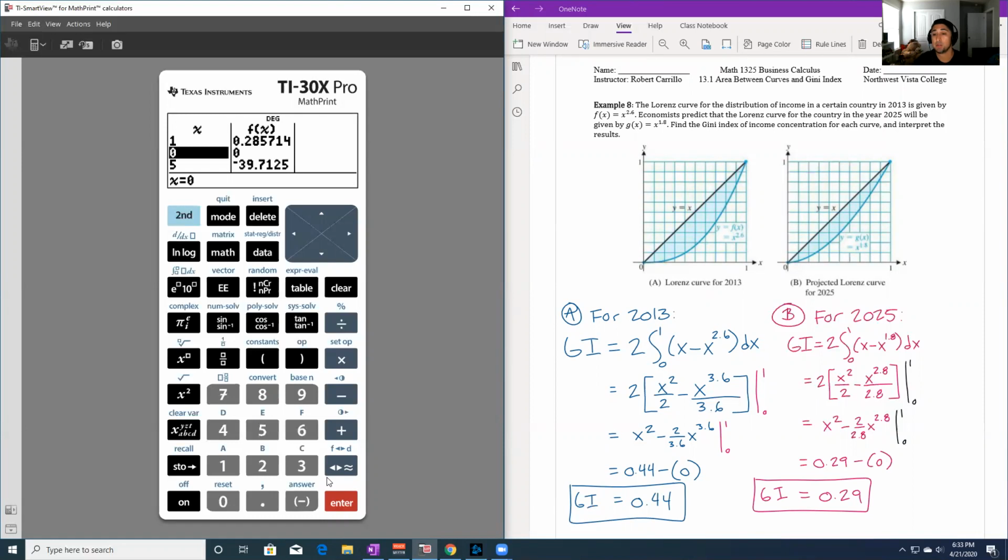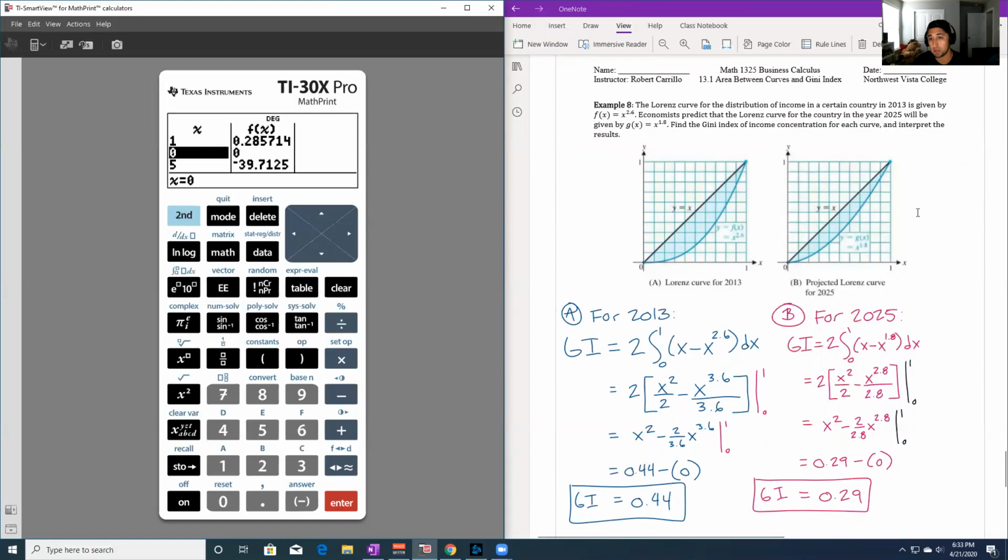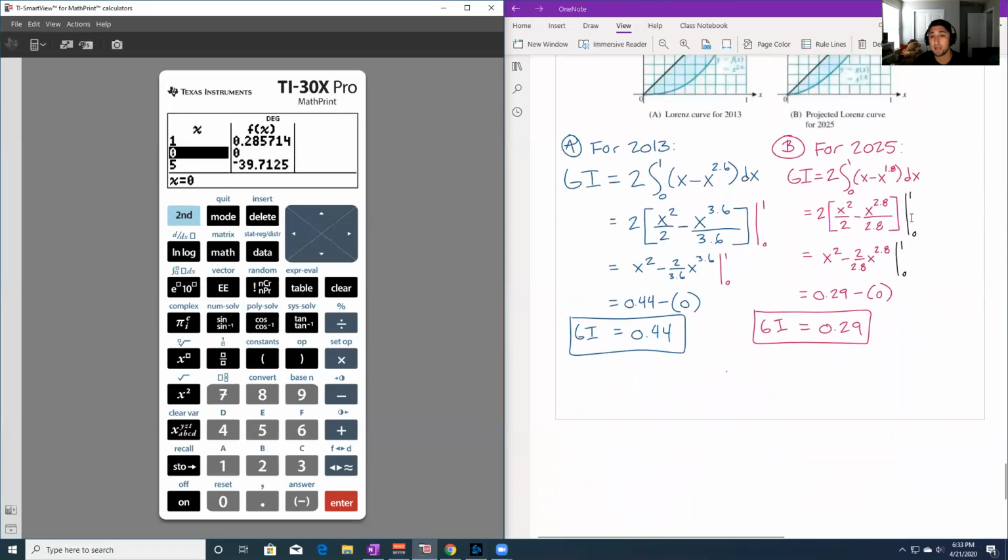Okay, so this means that, looking at above, a Gini Index of 0 indicates absolute equality. A Gini Index of 1 indicates absolute inequality. So we're looking at the distribution of income in a certain country. In 2013, they had 0.44, which wasn't bad. But now in 2025, it's predicted to have an index of 0.29.